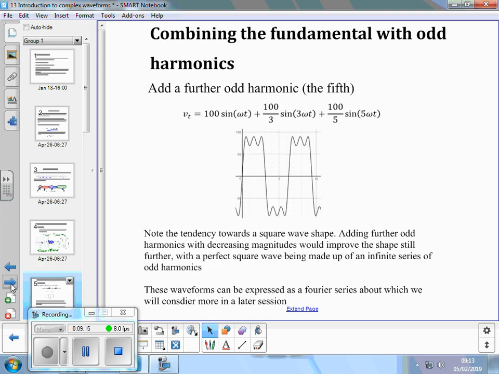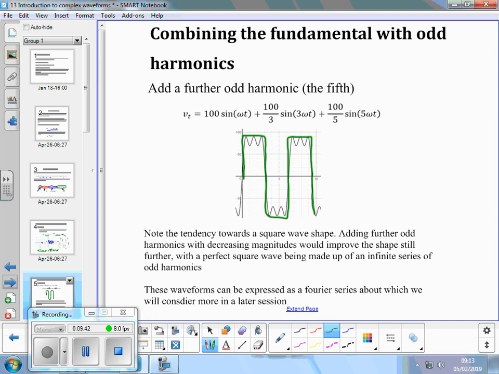So if we look at adding on a fifth harmonic with its own amplitude, we end up with that waveform. And what we're doing here is getting closer and closer to a square wave.